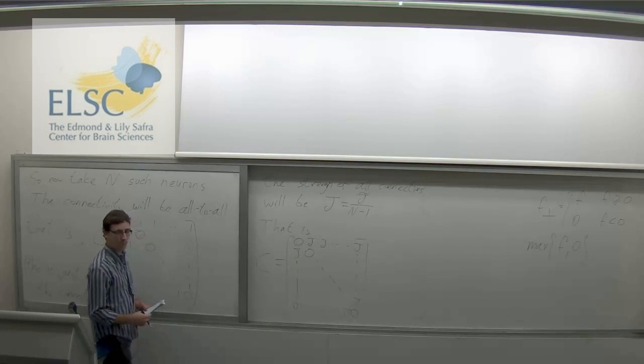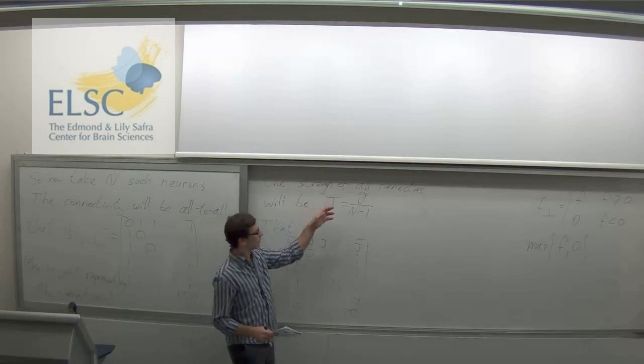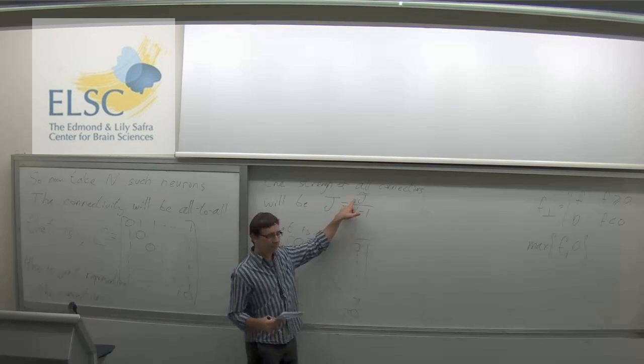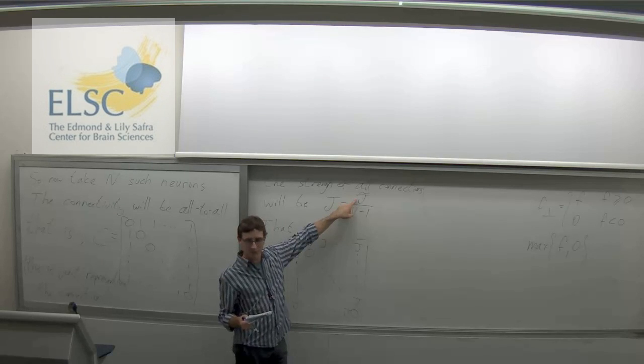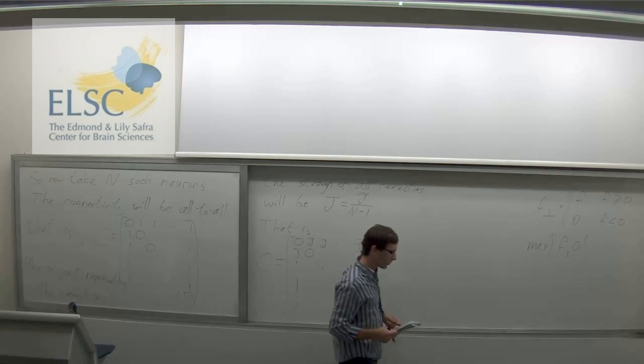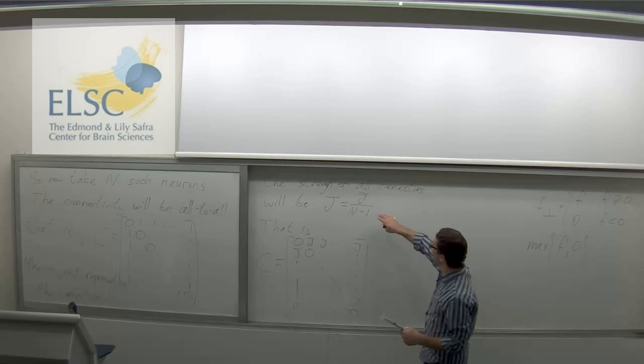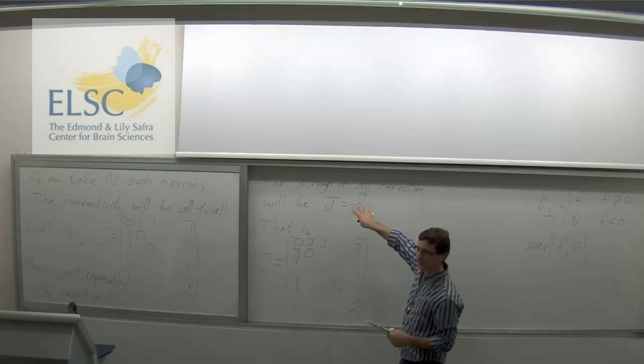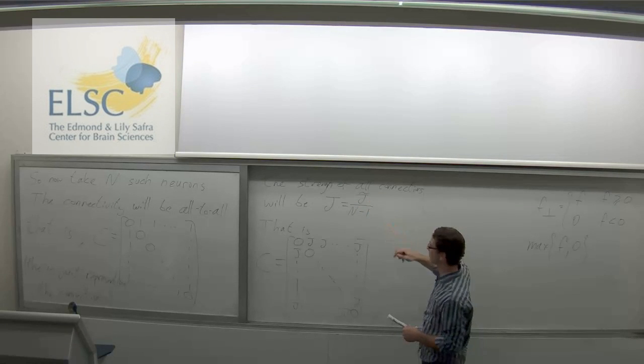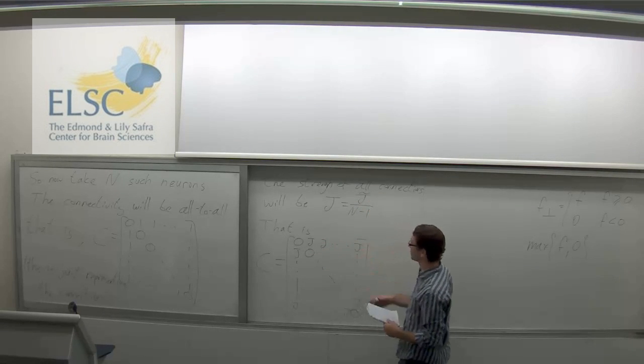J tilde is some value, you think of it as the connectivity. Is it randomized? No, it's uniform. There's no index i and j here. All connections are the same.